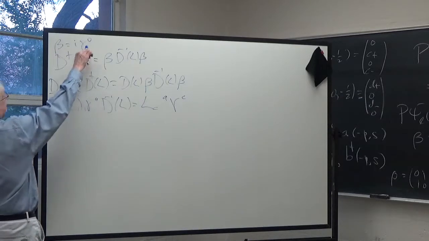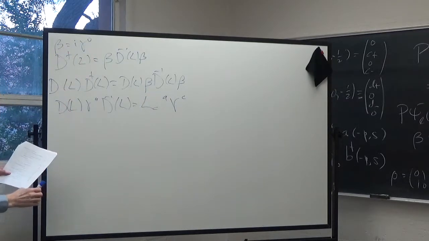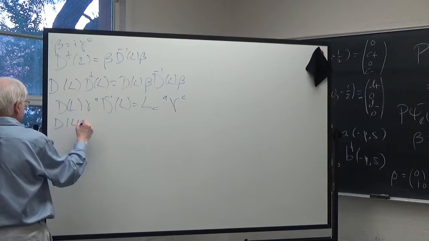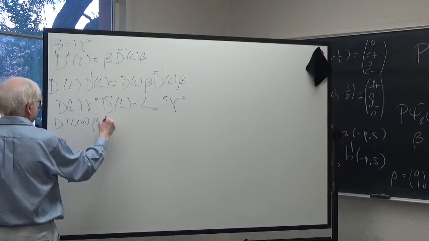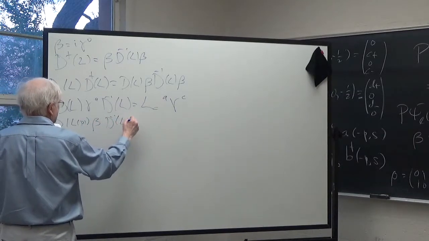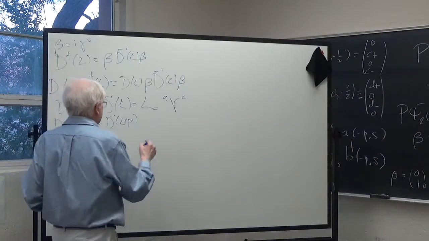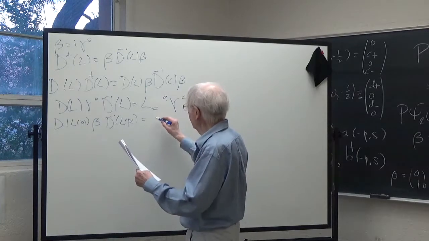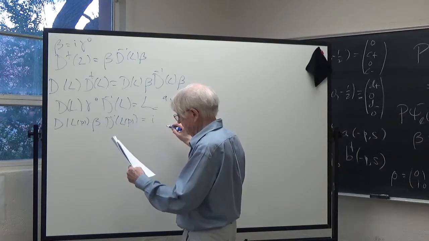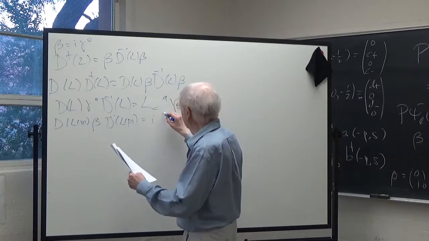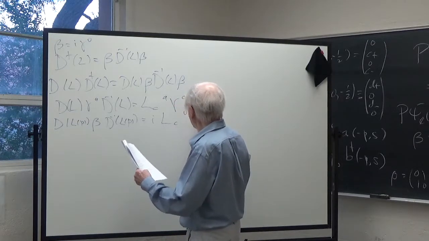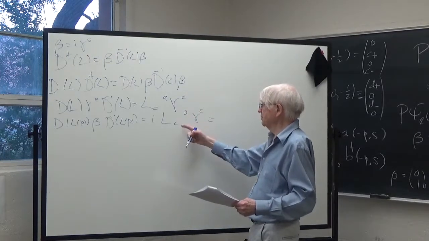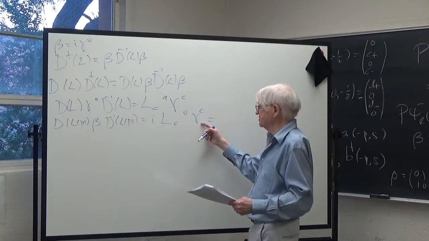Anyway, realizing that this is true, what we have is D of L of P beta D inverse L of P is then I LC0 gamma C. And now if we lower this, we can raise the C and lower this C, nothing changes.